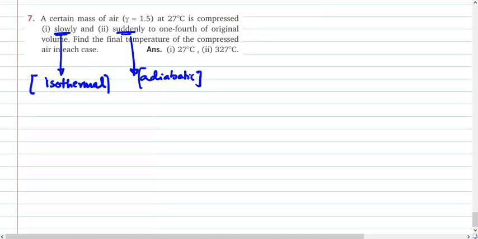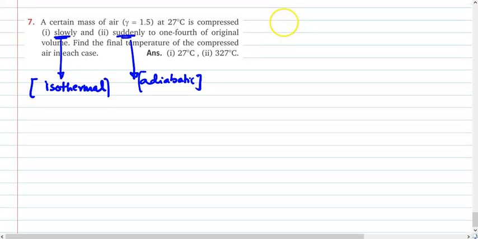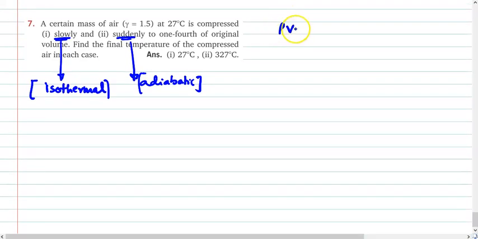When they are talking about the process being slow, then I can say PV is equal to constant. This is the equation for the isothermal process, where temperature is constant. So P1 V1 is equal to P2 V2.